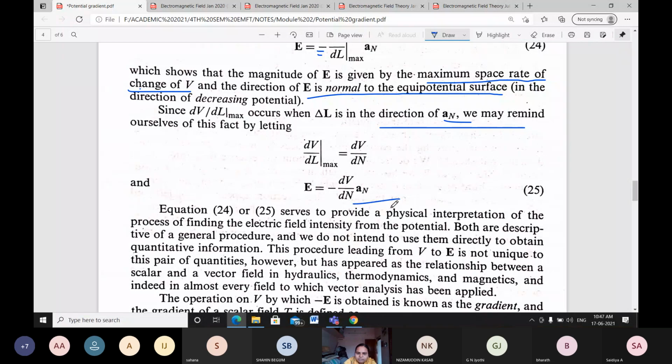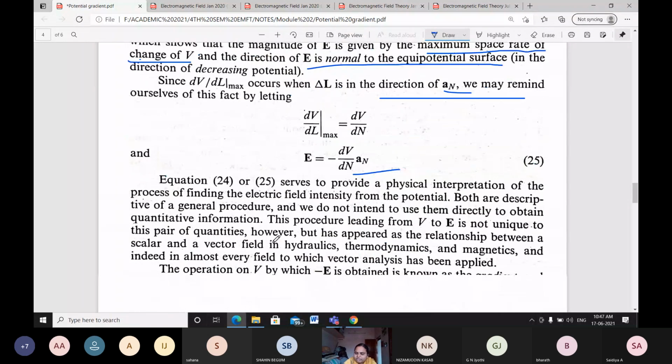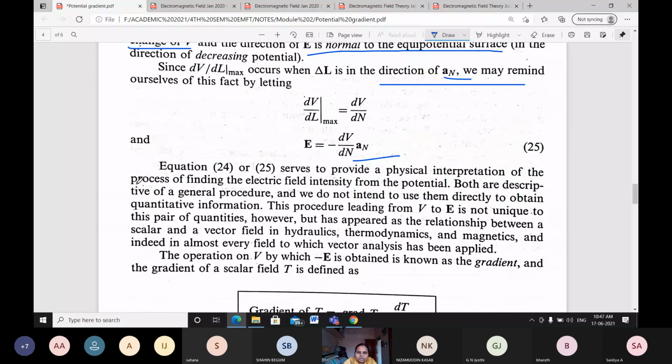Then if I compare equation 24 or 25 with these two equations, they serve to provide a physical interpretation of the process of finding electric field intensity from the potential. From this equation, it's telling that we can find the electric field intensity from the potential.